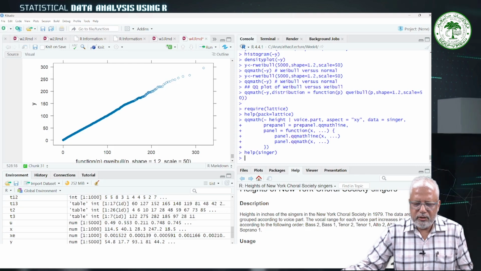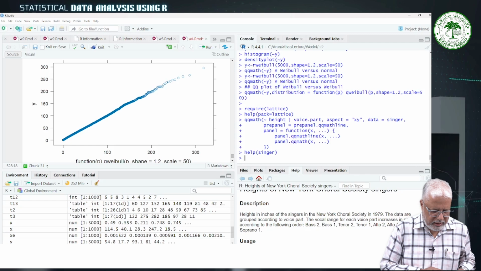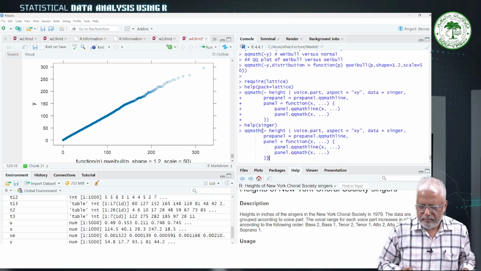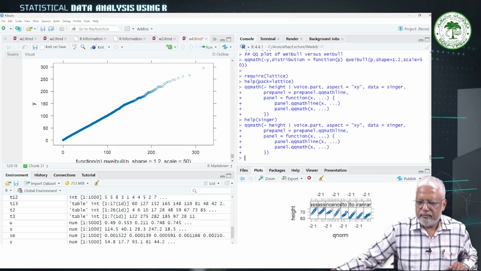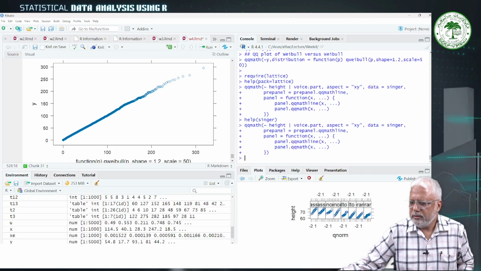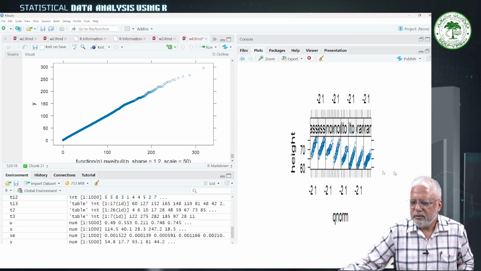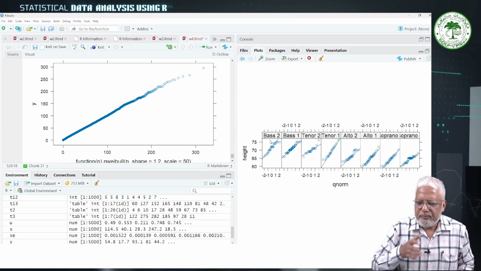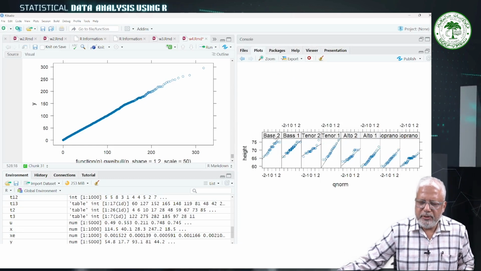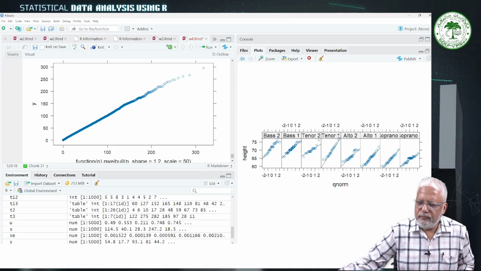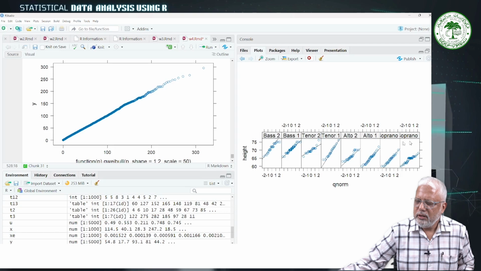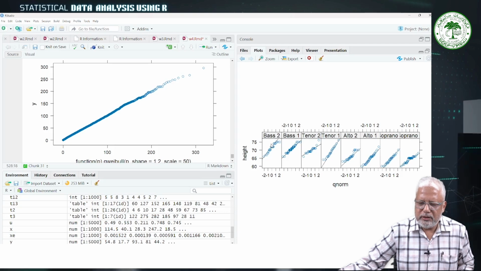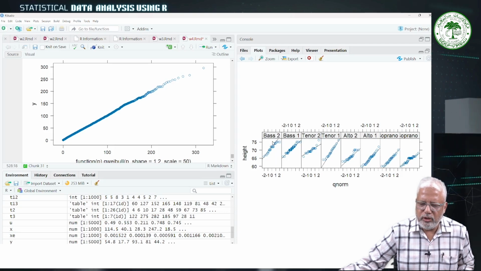When we run this graph, it is separated by these categories, and for each category this is the QQ plot and QQ line.